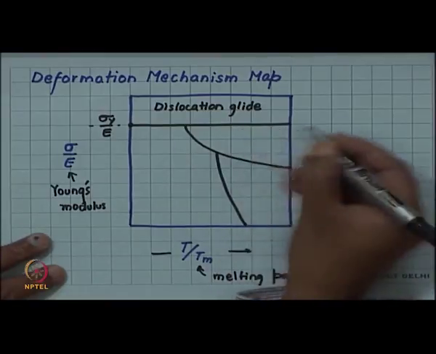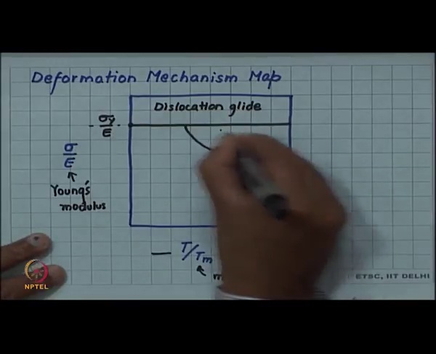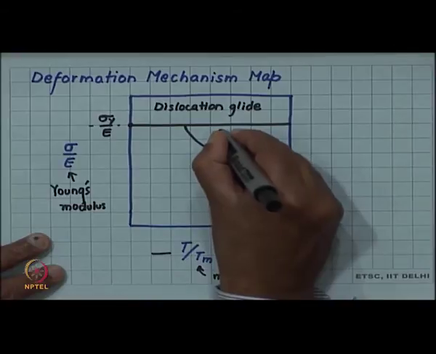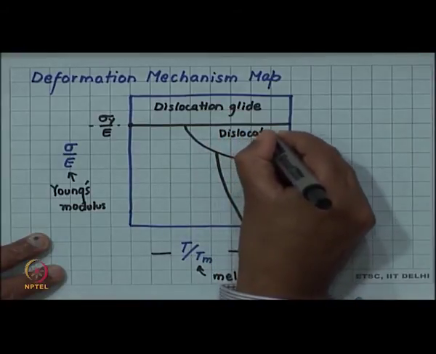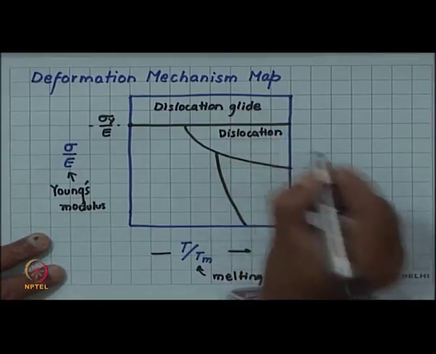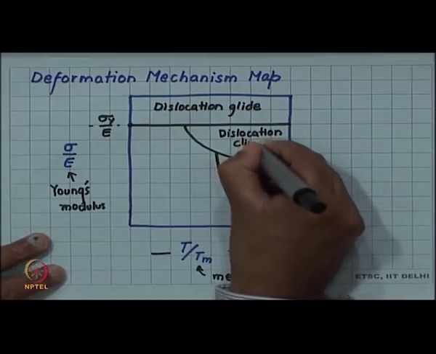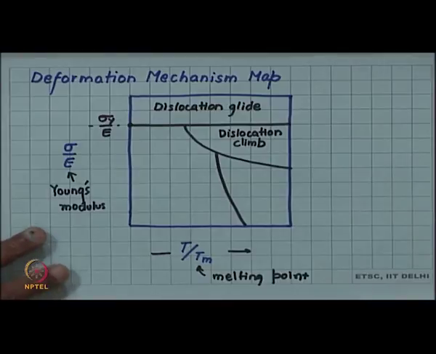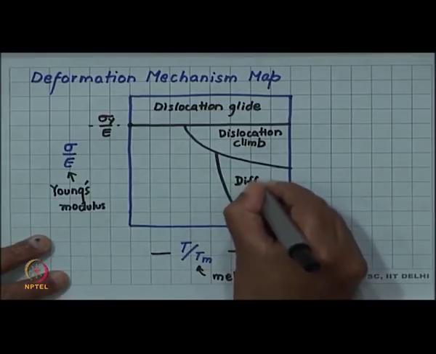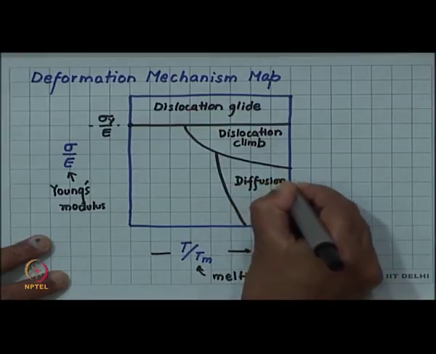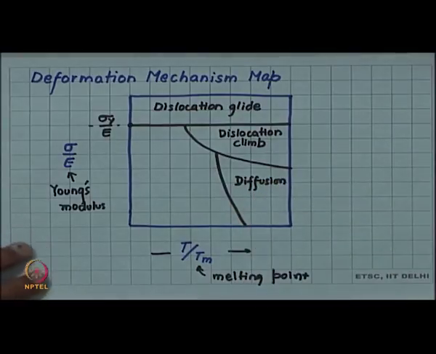The dislocation climb or dislocation based creep which we talked about is here, whereas diffusion based creep which we talked about is here.